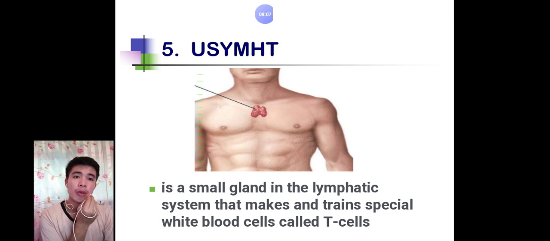It is a small gland in the lymphatic system that makes and trains special white blood cells called the T cells. It's a small gland in the lymphatic system that makes and trains special white blood cells called the T cells. Timer starts now.